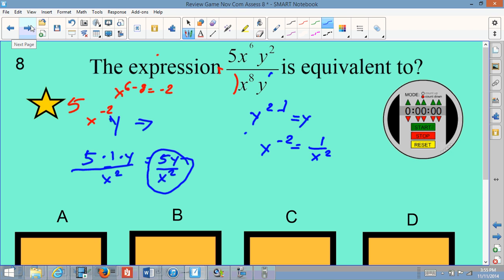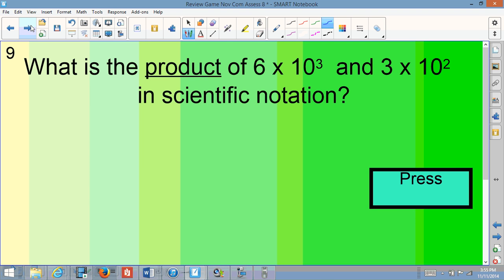Good question. What is the product of 6 times 10 to the third and 3 times 10 to the second in scientific notation? All right. Well, again, we're dealing with scientific notation, so we're going to take the coefficients, which are 6 and 3, and multiply them. 6 times 3 gives me 18.